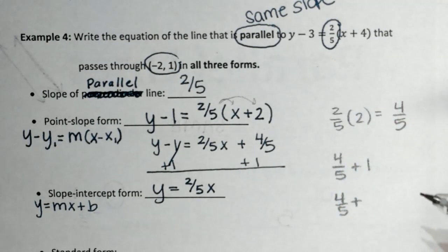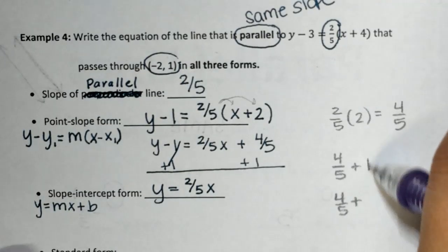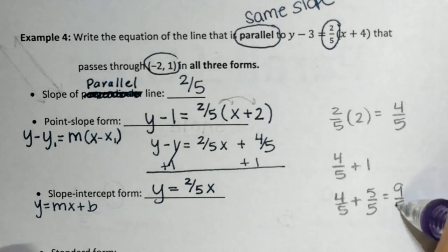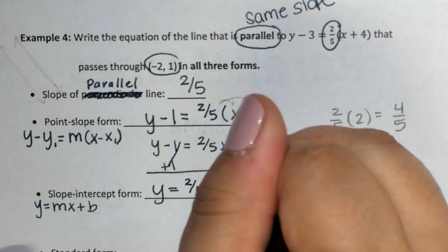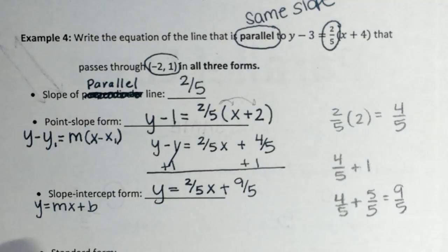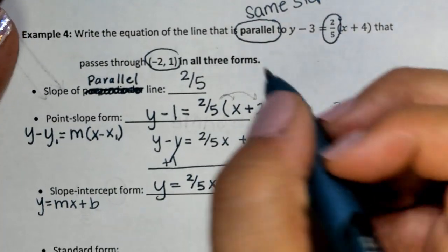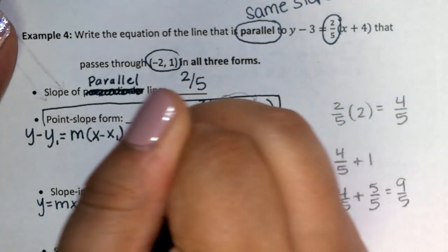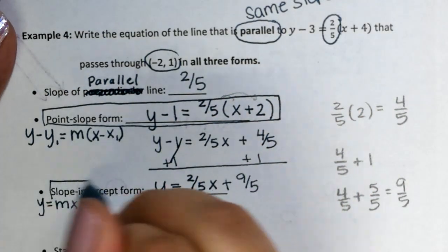Okay, but I don't want it like that. I want an improper fraction. Do y'all agree 1 is 5 over 5? So 9 fifths. Okay? So look, I got my 2 answers.